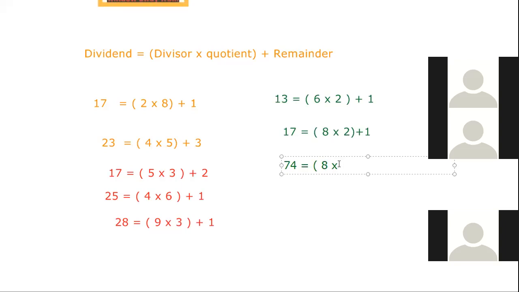Very far from 74. 8 times 9, very good. What's 8 times 9? 72. So what's the remainder? 2. Very good. Excellent.